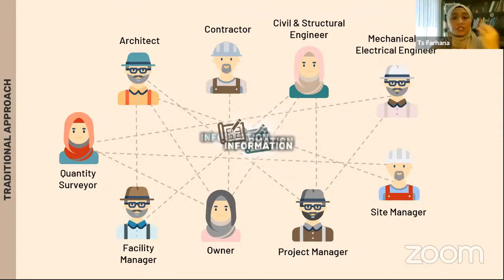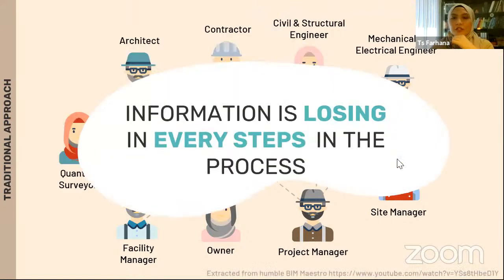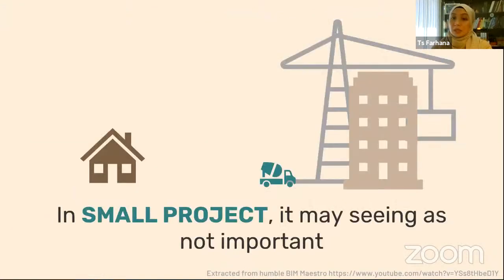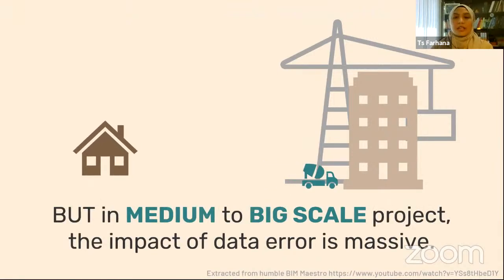When we want to check the data by the QS, by engineers, by others, it's manual. We check it literally like that, we overlap the drawings, for example. Information is lost in every step of the process because we pass around the drawings. In a small project it may seem not important, but in a medium to big scale project, the impact of data error is massive.